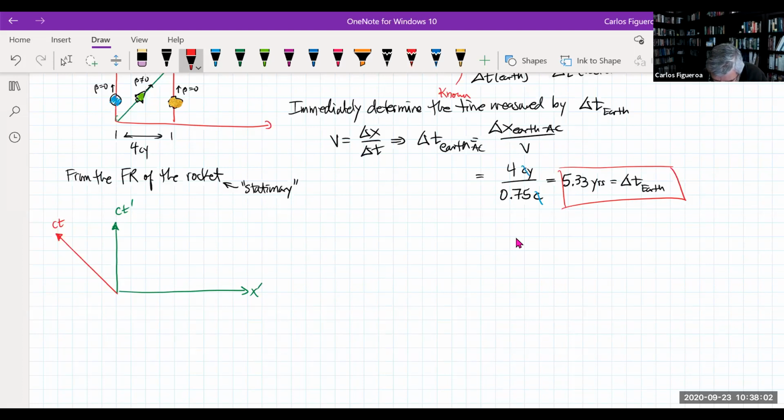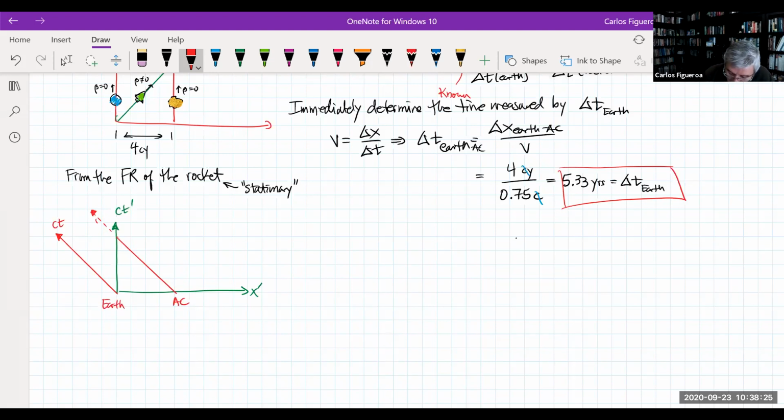If I look at this the same way, I could imagine that this guy's also here, and again, this is moving in this direction as well.